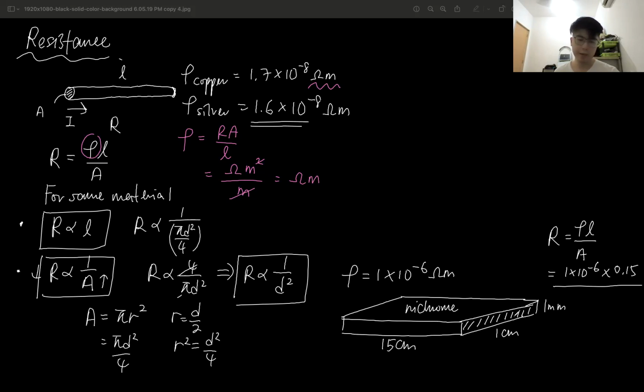In this case, it is a rectangular cross-sectional area, so we just take 1 cm times this: 1 times 10 to the minus 2 times 1 times 10 to the minus 3, equals 0.015 ohm.